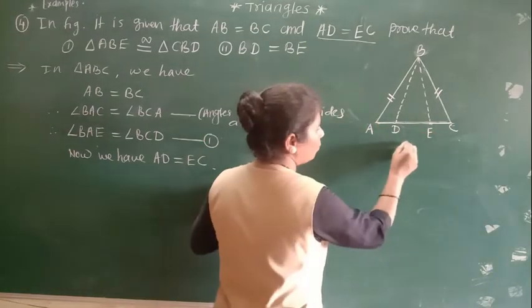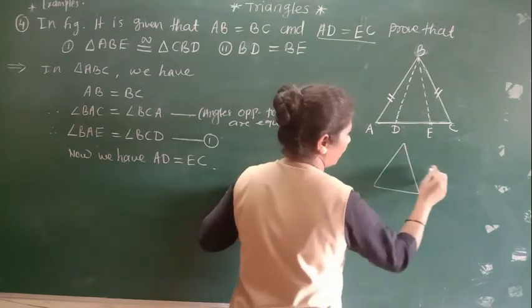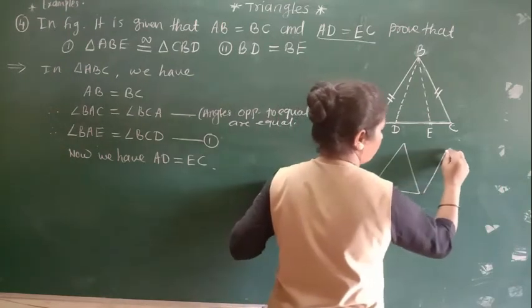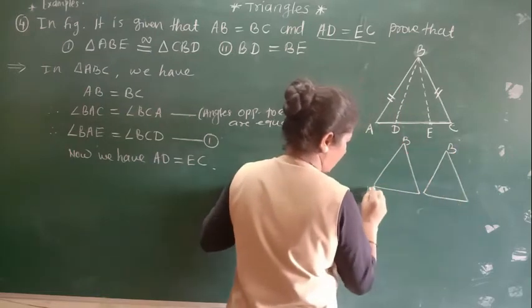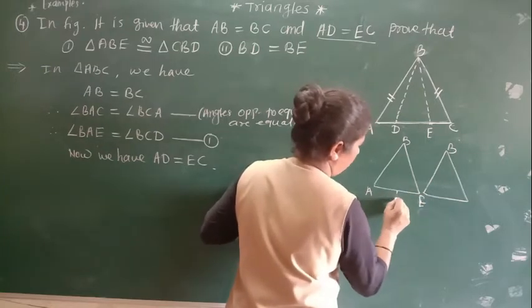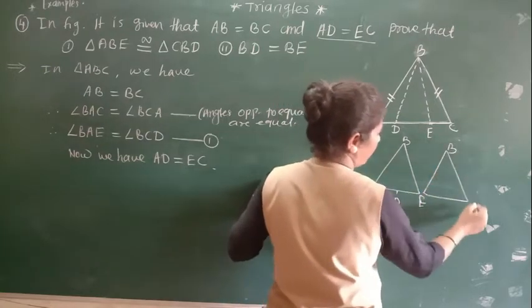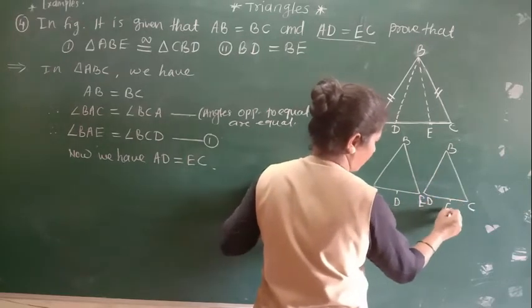See here, if you draw the different triangles, this is B, then A and here E, with D as one point, and here B, C, and D, E is used.